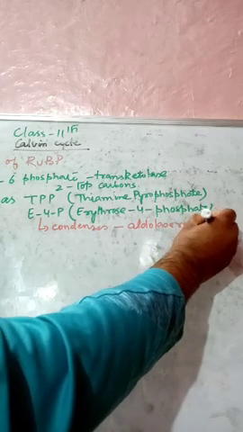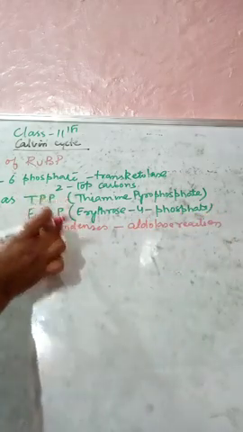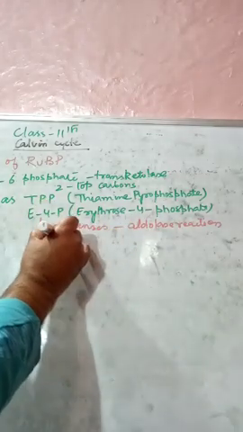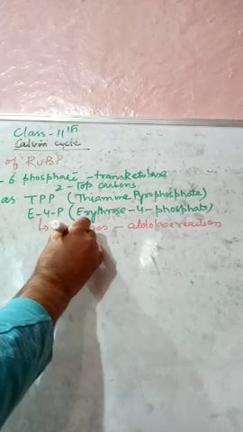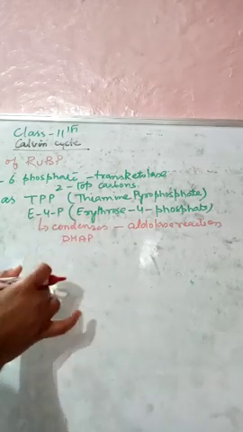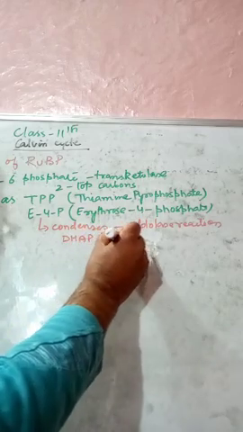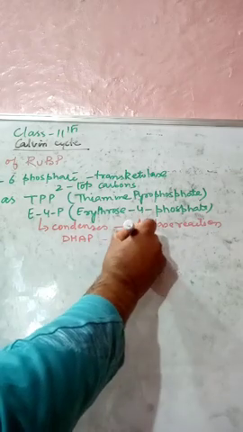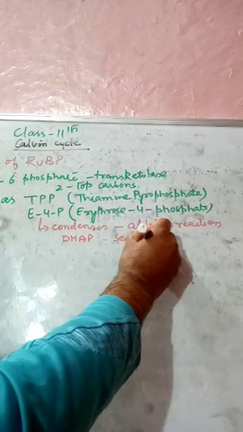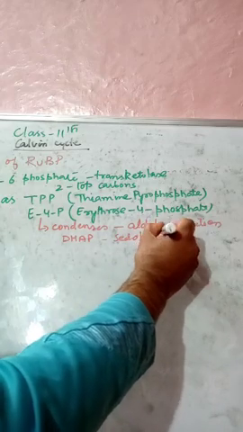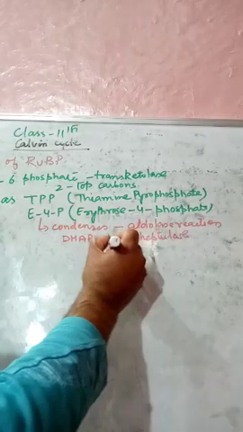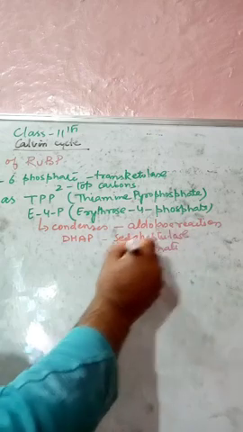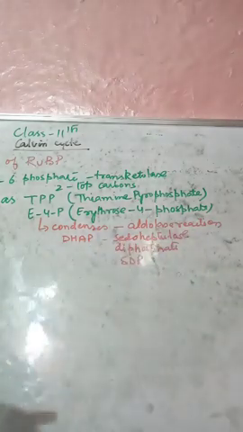By the aldolase reaction, this E4P undergoes condensation with DHAP, and it forms the pseudoheptulose diphosphate, which is a 7-carbon compound, simply called SDP.